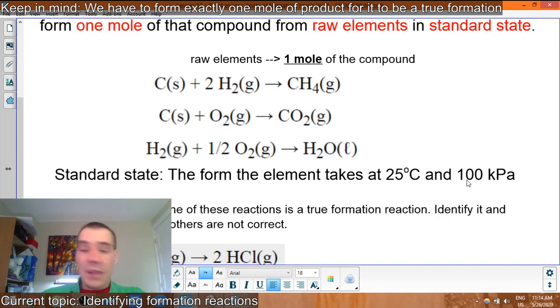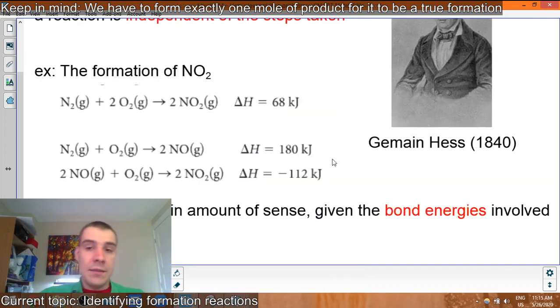I'm going to pause and go back to the old note. I'll show you that some of the Hess's law reactions we did were actually trying to find a heat of formation. So back in the note from the previous video, this was the formation of NO2. You see it's N2 and 2 O2s making 2 NO2s. That's not a full heat of formation. We need to make 1 mole of it. So we're going to have to cut everything in half.